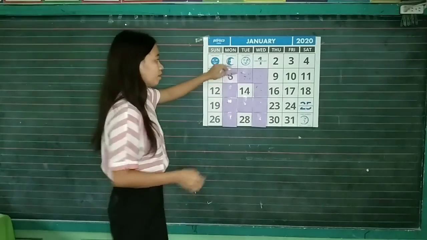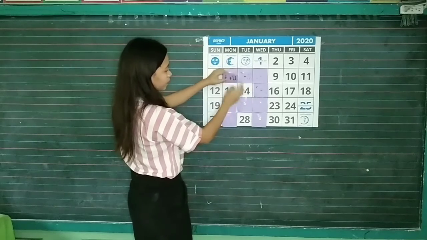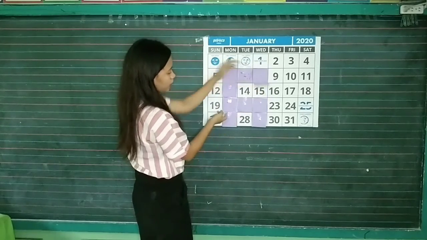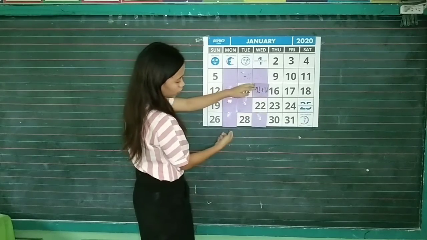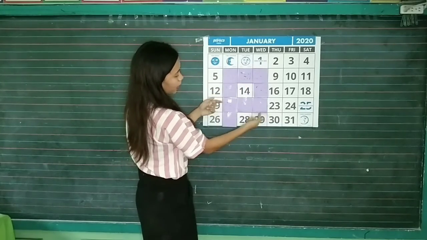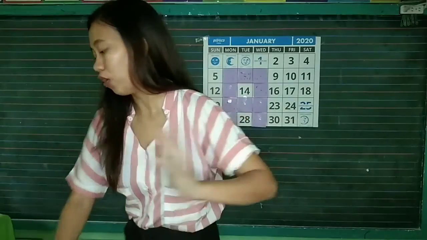We have 6, 7, 8, 13, 15, 20, 21, 22, 27, and 29. So, let us list all of them.